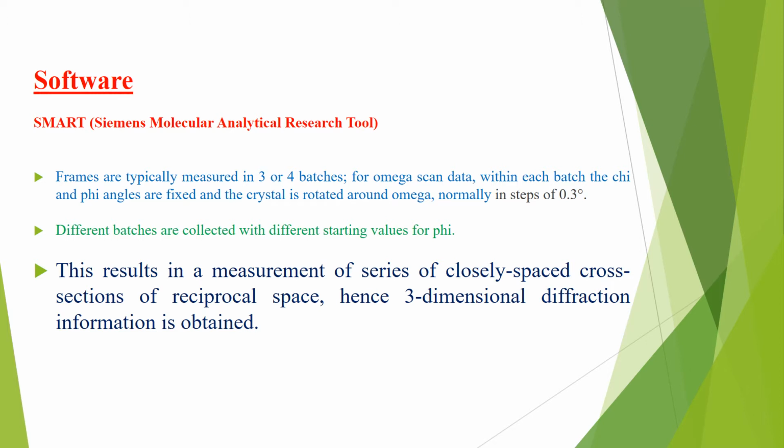So this tool is very important in determining the structure of a single crystal, in which two angles are studied by using this tool. One is phi and the other is chi. These two angles are also studied to determine the structure, and this results in measurement of a series of closely spaced cross sections of reciprocal space.